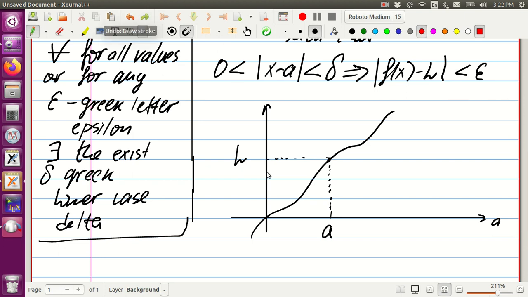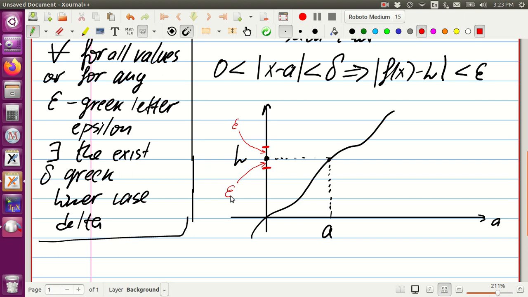So you tell me, I want to be this epsilon close to L. If this is your L over here, then this distance is epsilon, so you are within epsilon distance of L. And over here you also have an epsilon.